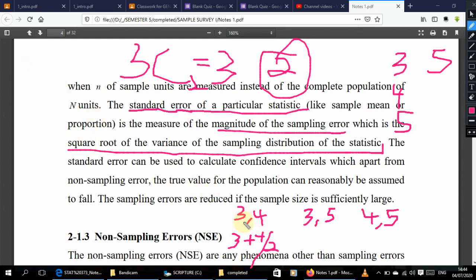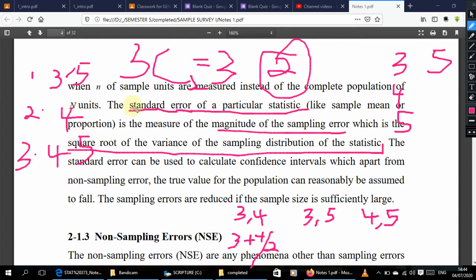Let's call this sample 1. For sample 1, I got a mean of 3.5. For sample 2, when I add and divide by 2, I get a mean of 4. For sample 3, 4 plus 5 is 9, divided by 2, which is 4.5.